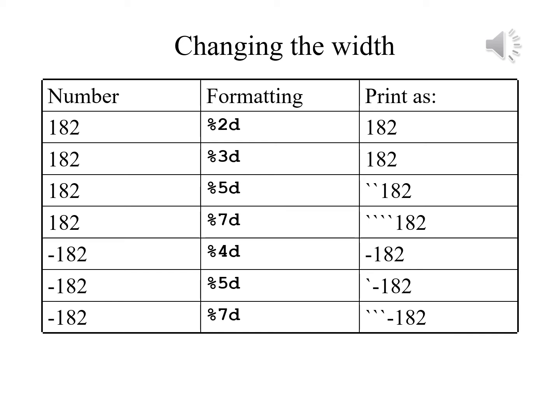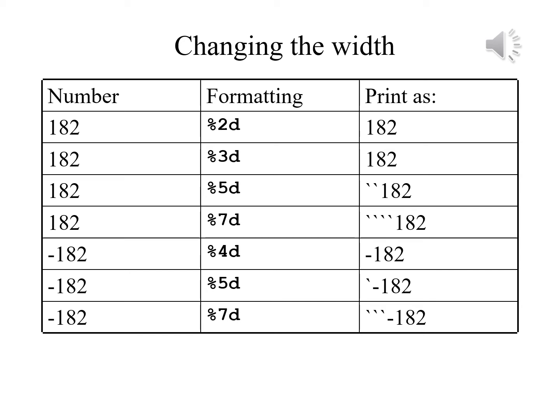It needs 3, and it will take the third. I jokingly talk about it having sharp elbows. It takes the room that it needs to fit in. 182 with %3d prints the same way because this is what it actually does need.